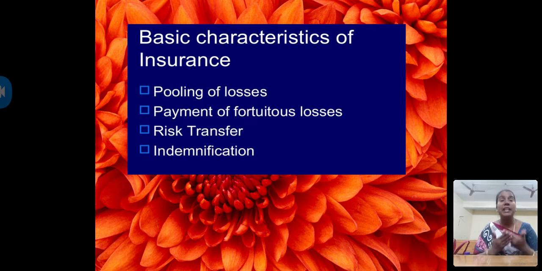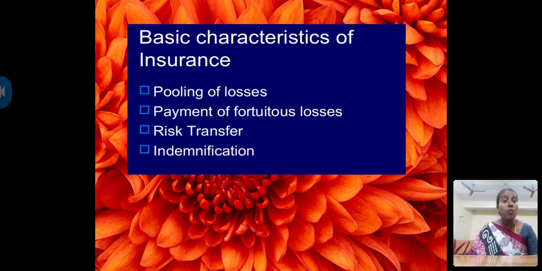How did you pay for the risk? What types of problems may occur? You get a clear idea about these losses, so you keep all the losses on a piece of paper or printed material, think of the solution, and arrange the solution for them. Arranging other sources for those losses is called pooling of losses.